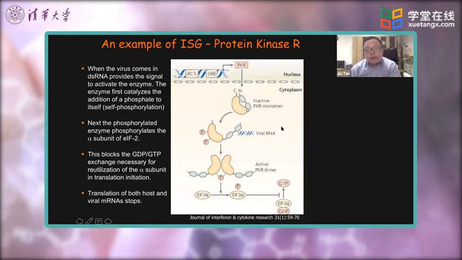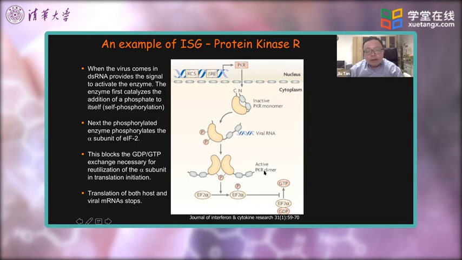This double-stranded RNA can bind with protein kinase R, which activates this protein kinase and causes it to dimerize. Basically, two molecules form one complex. The PKR dimer can then phosphorylate and further activate itself.